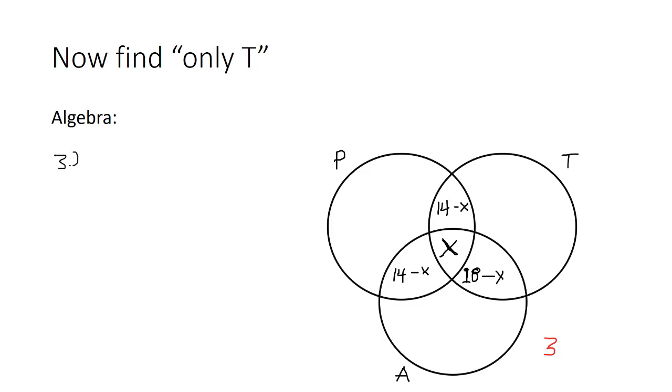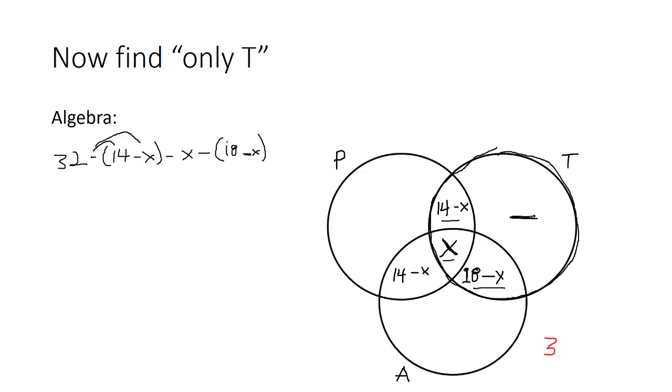So we have 32 in this case. Once again, that's the entire circle is 32. We are looking for just only Terminator, so we have to subtract out these. So once again, subtract the 14 minus x, subtract the x, subtract 18 minus x. Okay.